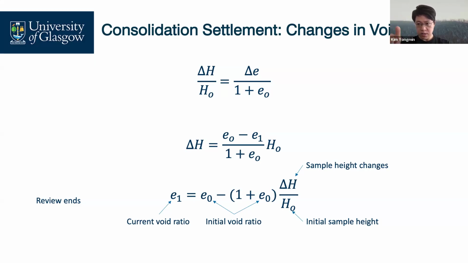You know the water content, and then Gs, specific gravity, then you are able to know e, which is the initial void ratio. So you know the initial void ratio. You know the initial sample height. You know sample height changes. How do you know? From the odometer tests. Then you can get the current void ratio. Then you can plot the compression curve.